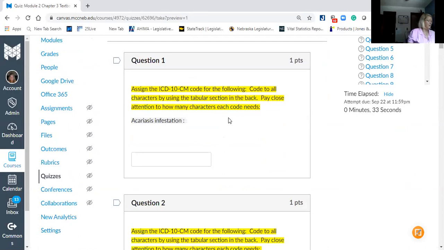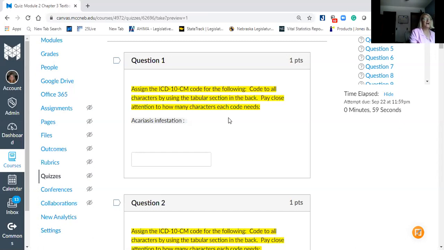Acariasis infestation. Now, what's the descriptor? The acariasis infestation is what's wrong. So you want to go to infestation in the front of your book, and then we're going to go to the A's under infestation, and we're going to find acariasis. Is there anything else in there besides those two words?